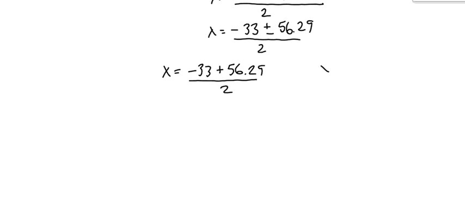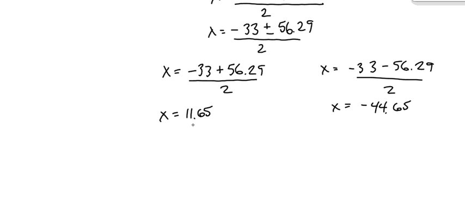And X equals negative 33 minus 56.29 all over 2. Those two answers are, I'm going to crunch the number, 11.65 and negative 44.65. I should have a positive and a negative answer. I'm going to take these two. So this would be the width of my strip. So my two answers are this, math-wise.